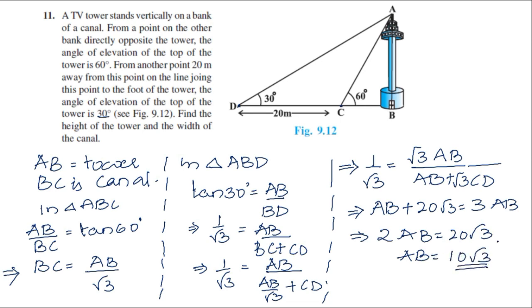This AB is the height of the tower. Now I need to find the length of BC, which is the width of the canal. BC becomes equal to AB by root 3. So 10 root 3 upon root 3 gets cancelled. 10 meters is the width of the canal and 10 root 3 meters is the height of the tower.